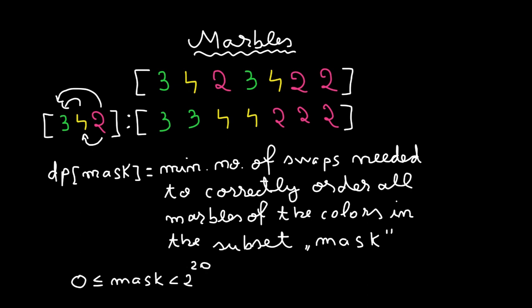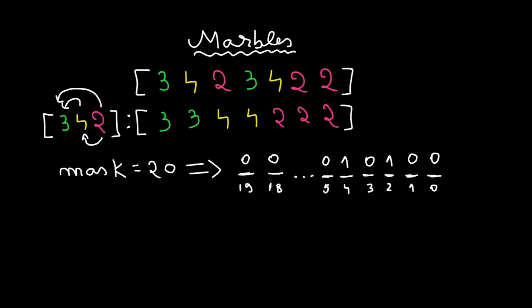Mask is going to be a natural number between 0 and 2 at power 20, and its binary form is going to represent our subset of colors. For example, if mask equals 20, here is how its binary form is going to look. We will have 20 bits, starting from the right to the left, indexing by 0, so 0, 1, 2, and so on.